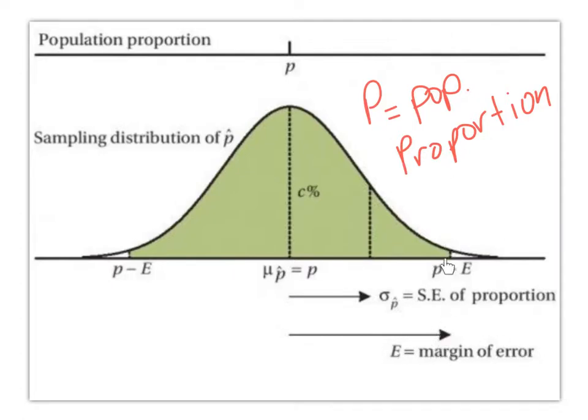Therefore, this point here is P plus the margin of error. And likewise on the other side, this point here is P minus the margin of error. So capital E stands for the margin of error. And then from the centre to this point here, basically this dotted line, is the standard error of the proportion.